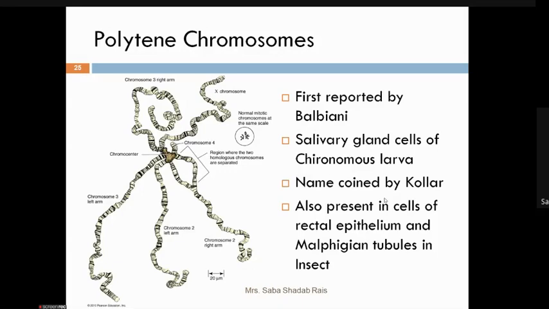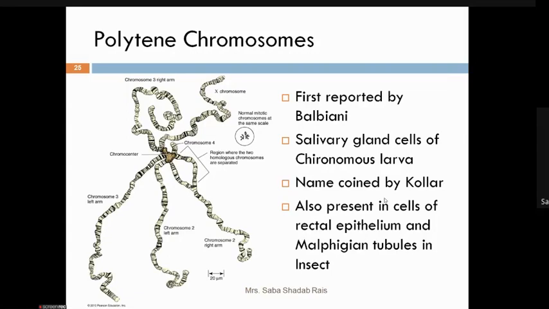When he studied, he found that it is not restricted only to the Chironomus larva or the salivary gland of Drosophila, but is also present in the cells of the rectal epithelium as well as in the Malpighian tubules in the insect.